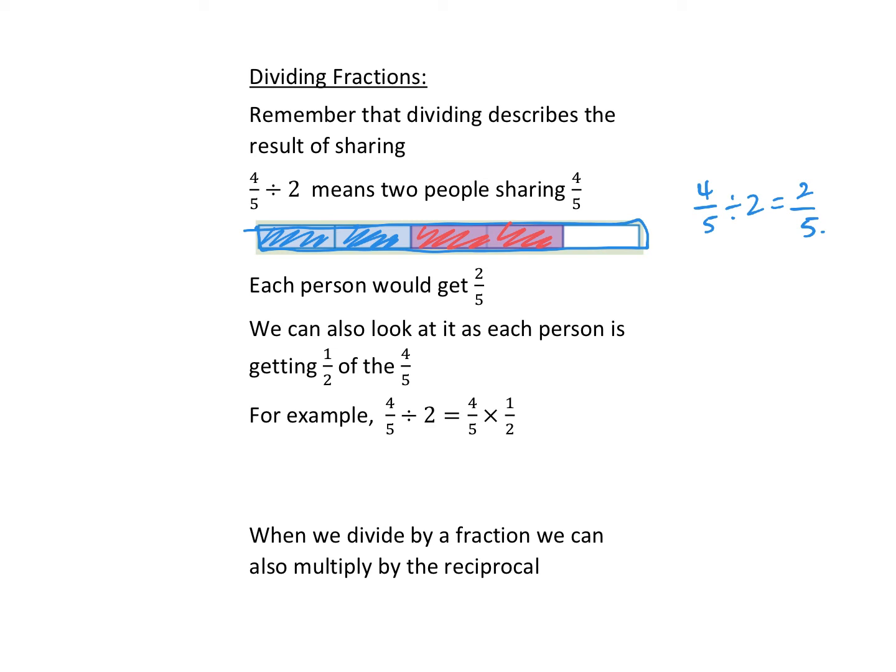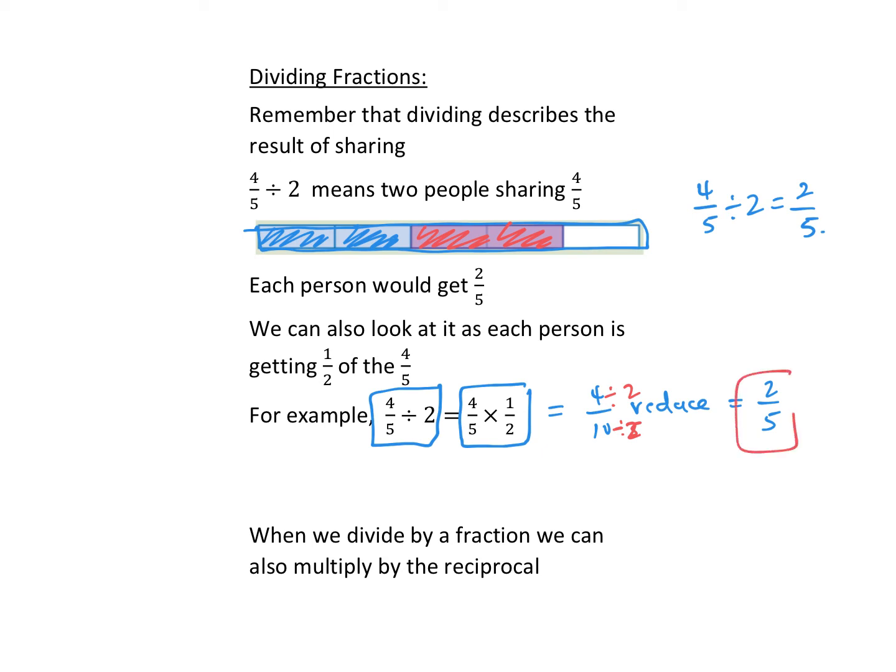We could also look at it as they're getting half of what is available. So 4 over 5 divided by 2 is the same as 4 over 5 times a half. So 4 times 1 is 4, 5 times 2 is 10. And if we reduce that, we would get 2 over 5 because we could divide top and bottom by 2.